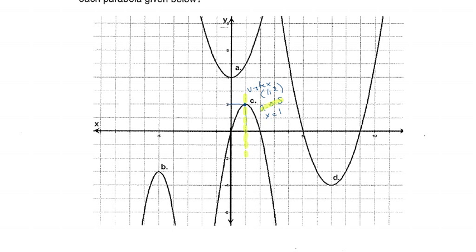Let's look at D. What is your vertex? So your vertex is at 7. So the vertex is a point, which is (7, -4).